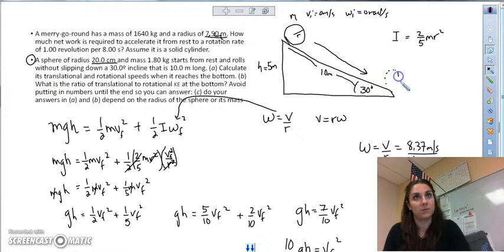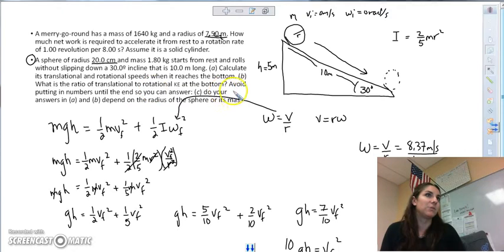So those are our final velocities at the bottom of our incline. B, what is the ratio of translational to rotational kinetic energy at the bottom? Okay, so translational to rotational. So here we go.